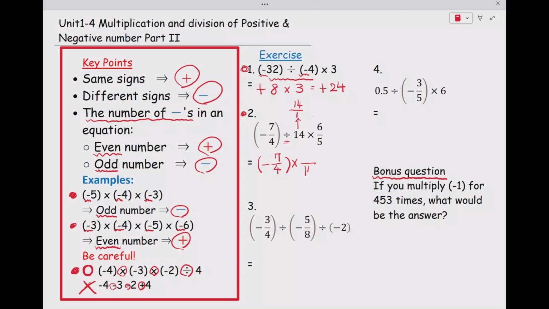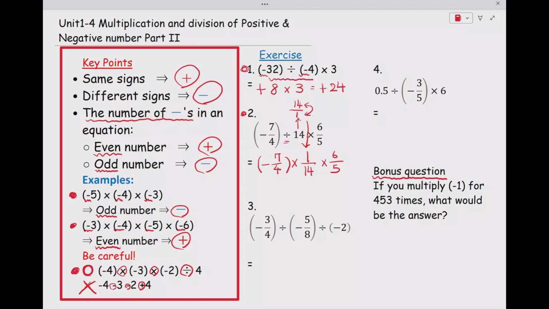In other words, flip it upside down, and then replace the division sign with the multiplication sign. So you get minus 7 quarters times 1/14 times 6/5. After you have done all this prep, then now you can do the calculation.